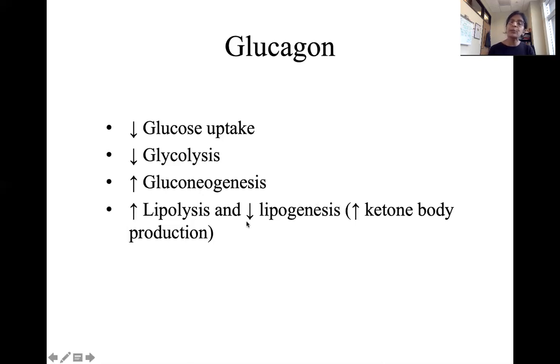And it also promotes lipolysis, that is release of fatty acids, and inhibits lipogenesis. So it prevents or interferes with the production of new lipids. And that's how you would have increased ketone bodies. That's because you're breaking down these long chains of fatty acids, and partially digested fatty acids are what you call ketone bodies.